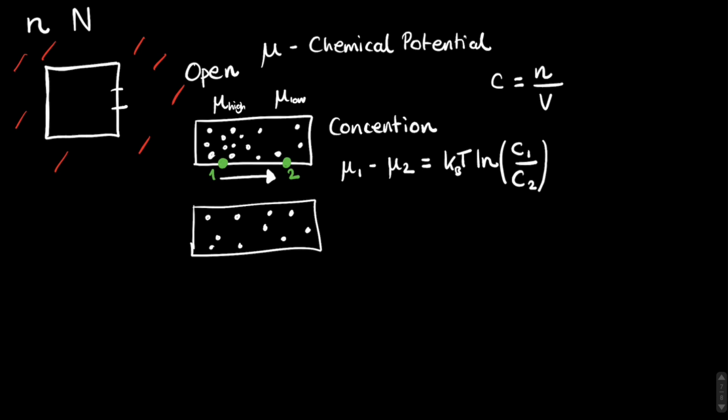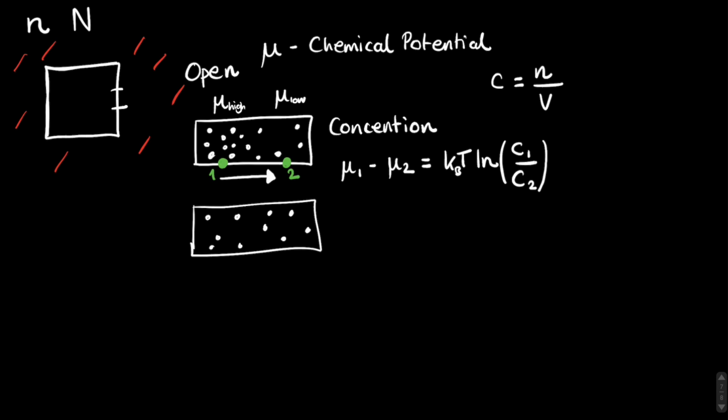All I've done is divide by Avogadro's number. So the chemical potential is per particle rather than per mole. But of course this ratio won't change. It doesn't matter what concentration you use. The ratio is going to be exactly the same in either case. So that is the chemical potential.